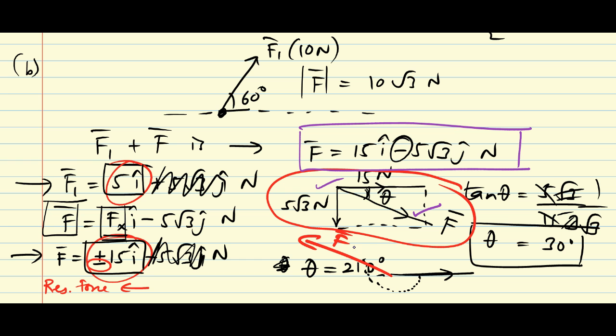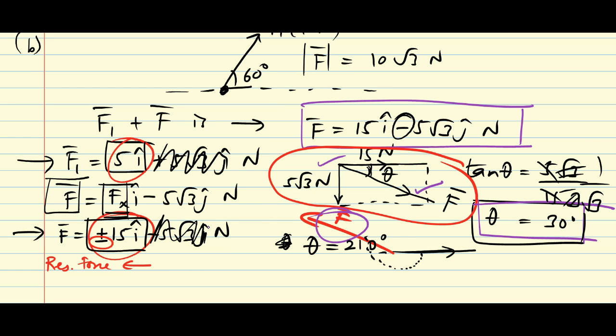It can't be like this, and that's why 210 degrees is ruled out. The only acceptable answer is 30 degrees, and that's exactly the answer that we got by the geometrical method.